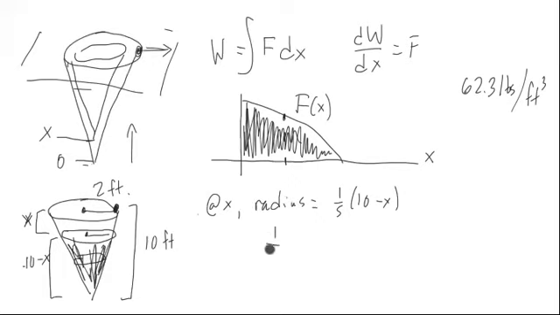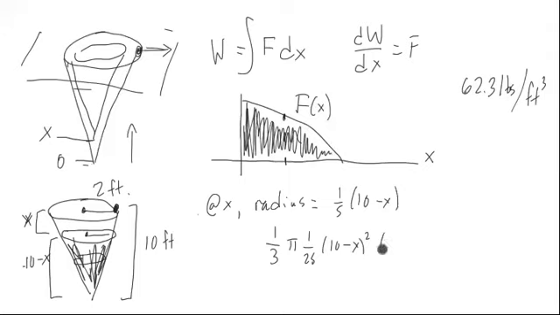Look at the volume of a cone, it's 1/3 times base times height. The base is a circle, pi r squared, so pi times radius squared. So 1/25, 10 minus x quantity squared. That's the base, then times the height.